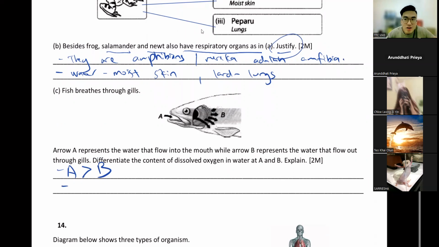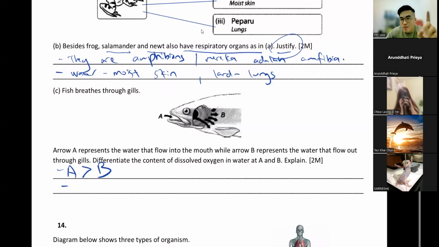Where has the oxygen gone? How do you explain this? Okay, the gills. What is this organ called? The gills, right? Okay, please don't say inhale or move. I want one word. When gas moves, what is the word?